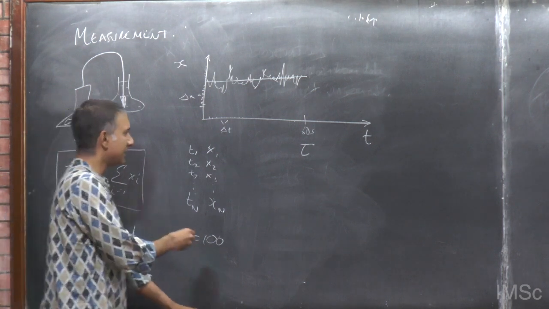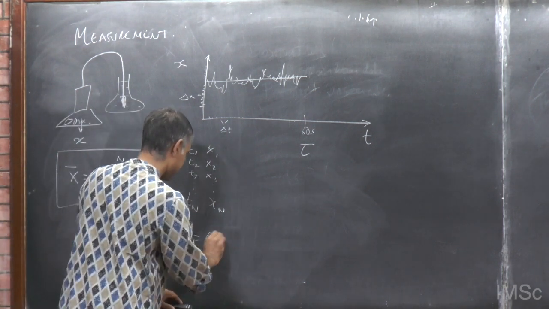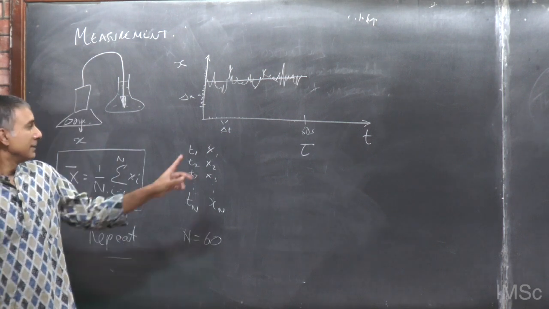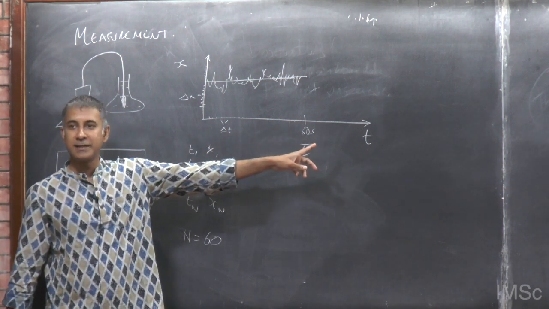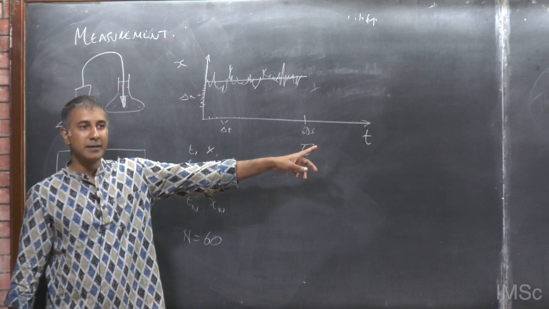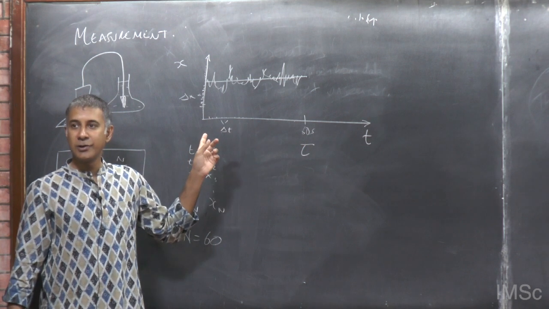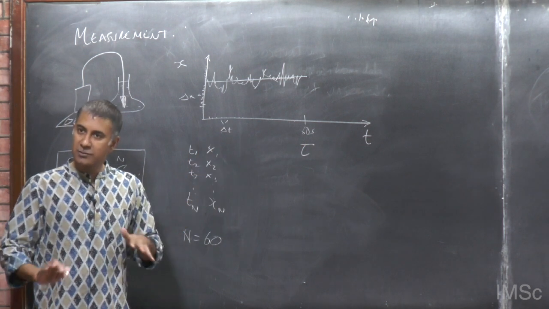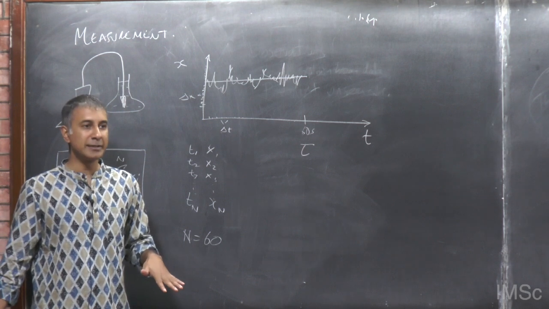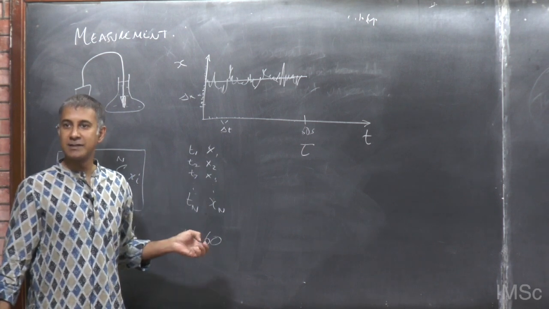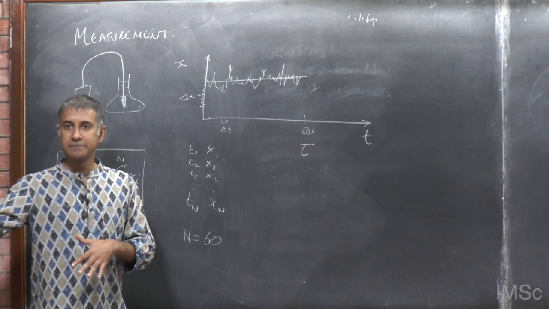Well, let's say in this case N equals 60. I've taken a total measurement for 60 seconds. I'm going to record x at 1 second intervals, totally doable with a very cheap pH meter. I'm going to take the average of these 60 numbers and report it.